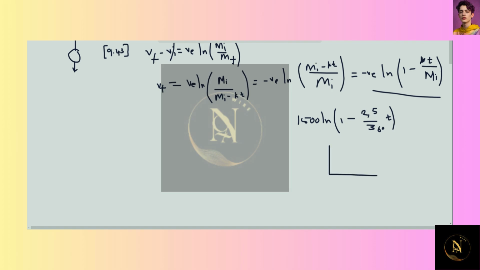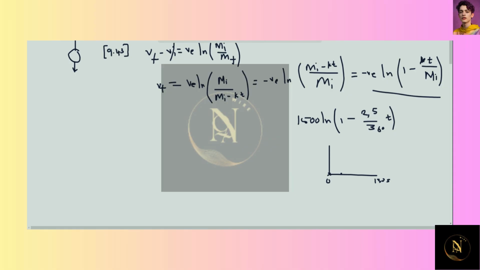You can use your favorite plotting program or just get a bunch of points and plot them, and you'll see that from 0 to around 132 seconds, which is the time window you're given. When the time is 0, notice that this is the log of 1, which is 0. So this has one point up here. If you look at when this is equal to 1, so when 2.5 t is equal to 360, that is the natural log of 0, and natural log of 0 blows up.